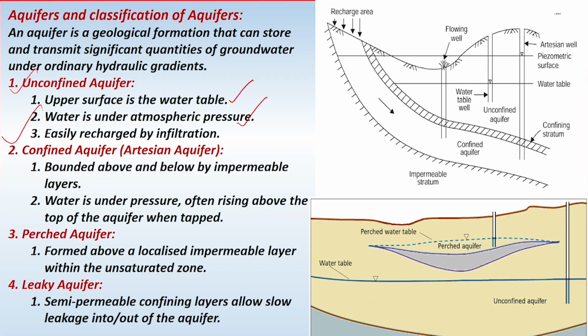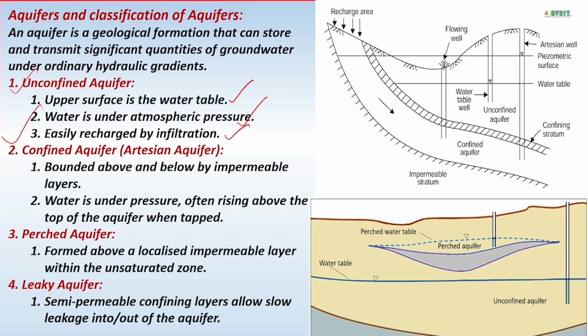The pressure at the water table is always atmospheric pressure, and it is easily recharged because it is the top layer. Whenever rainfall occurs, it can be recharged. So these are the three important things. We will study about it later.